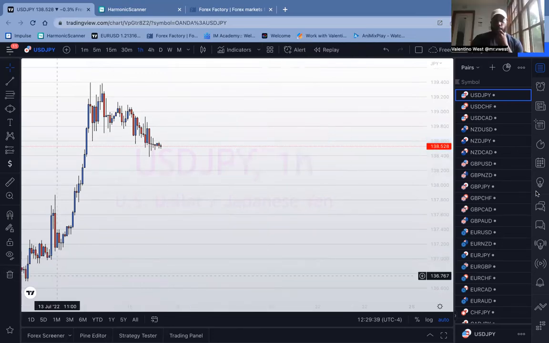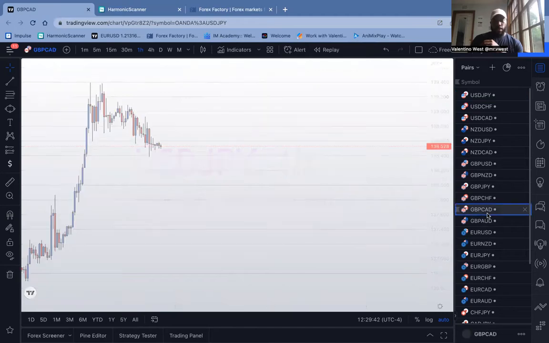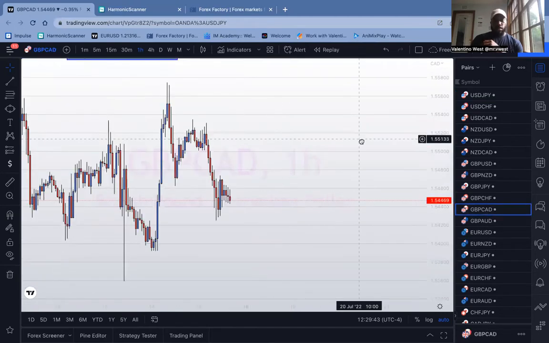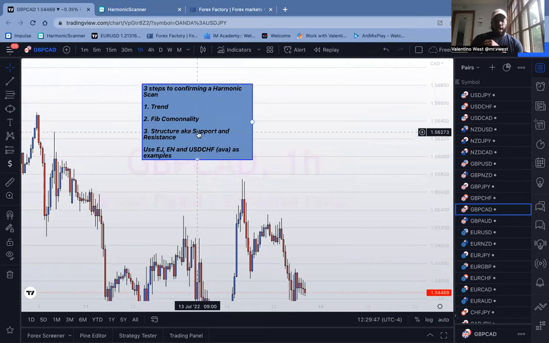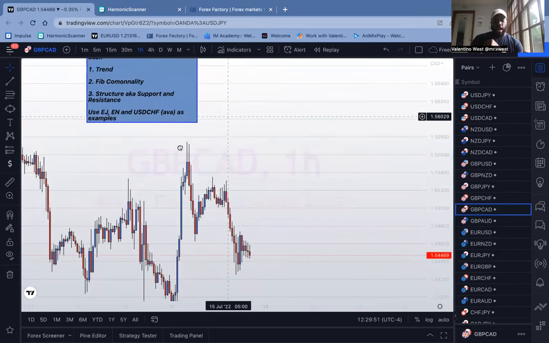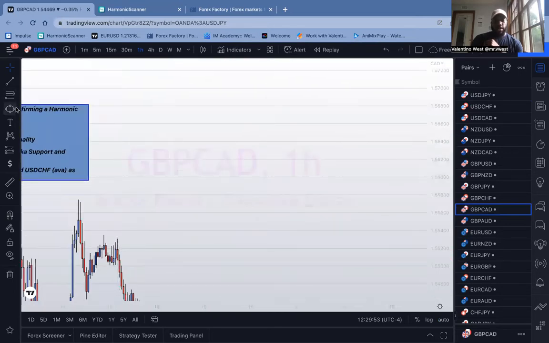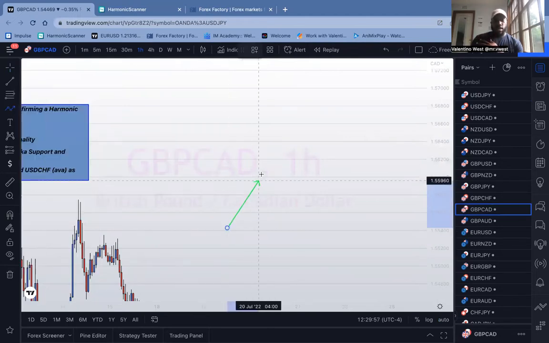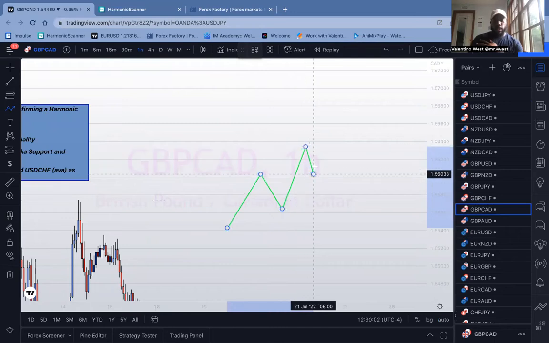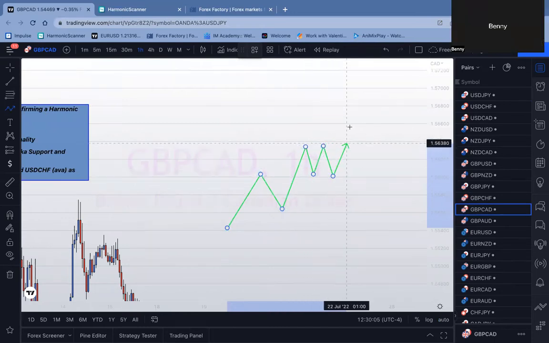Now, the last thing that we use before I go into some examples in the actual market now is structure, aka support and resistance. And all that means is I want to make sure that wherever we're entering, we have support and resistance at that location. And we know what that is. If I do this, let's say the market is something like this.